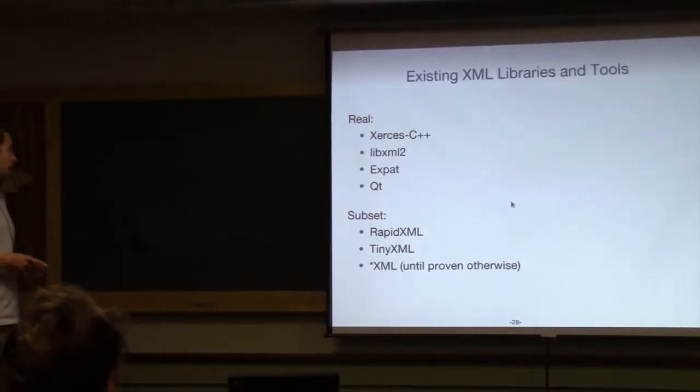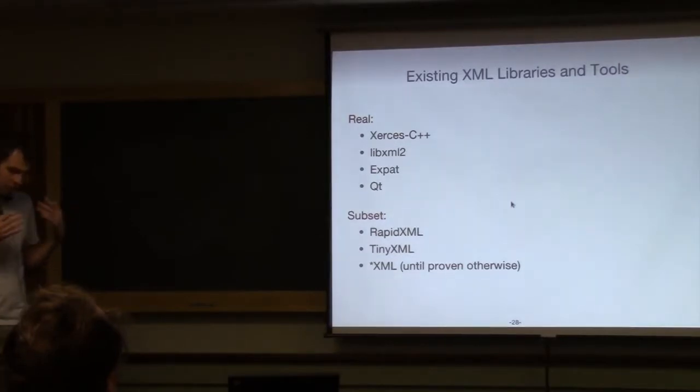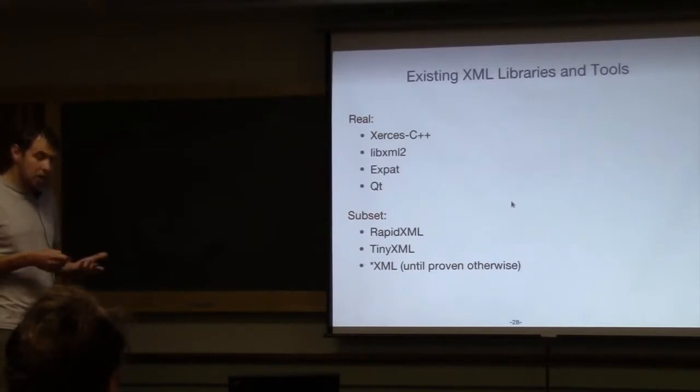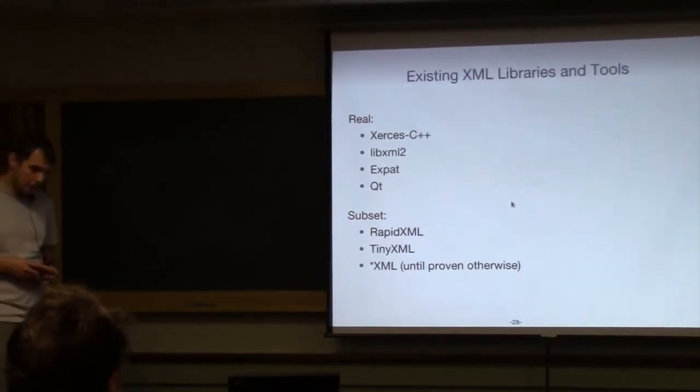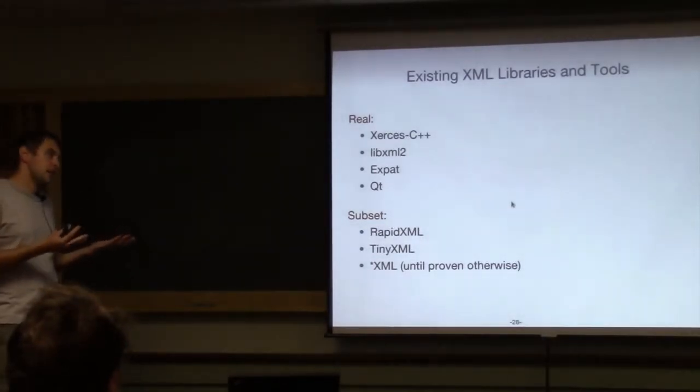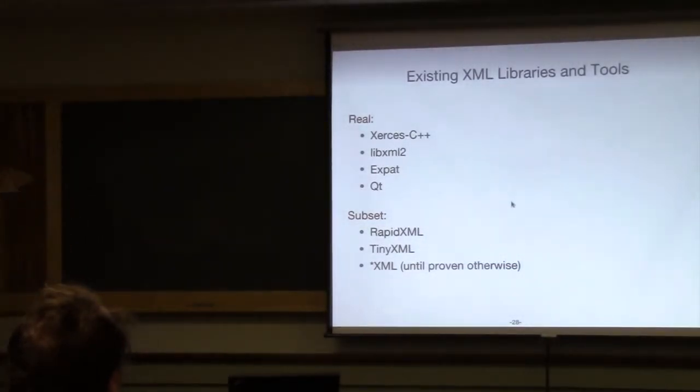So I've divided all the libraries into two groups, real and not so real, or subset parsers. Since I only recommend using real XML parsers, I'm not going to cover any of the subset parsers. And I'm also only really interested in open source, reasonably portable projects that are still alive.